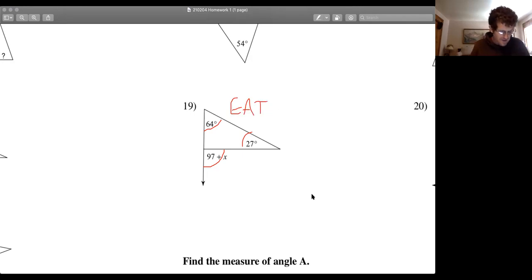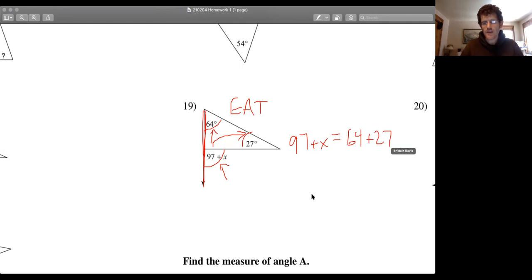And what that says is that this angle right here is your exterior angle. It's outside the triangle, but I just extended one of the sides of the triangle over. So this angle, 97 plus x, has to equal the two opposite interior angles added together. That's going to be 64 plus 27. I just wanted to quickly do this one, and actually that's as far as I'm going to go with it.